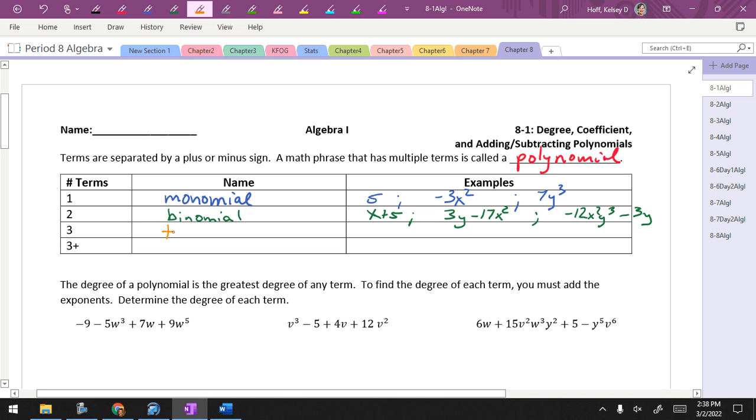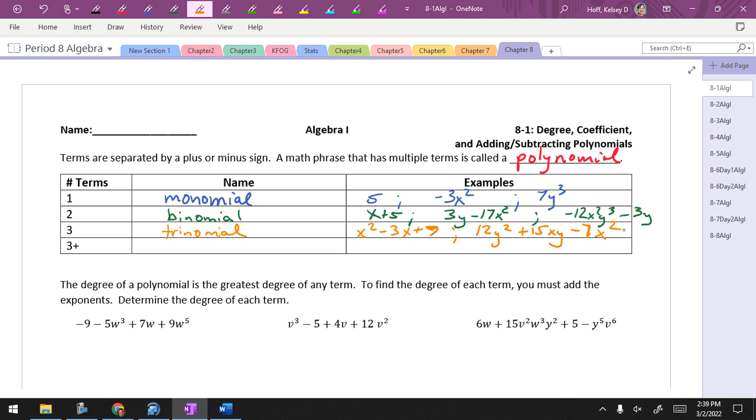3 terms is called a trinomial. X squared minus 3x plus 7. 12y squared plus 15xy minus 7y x squared, I meant to write. 3 separate chunks.